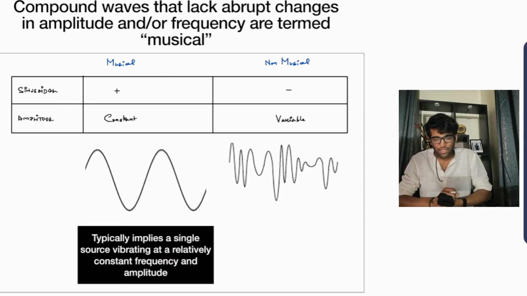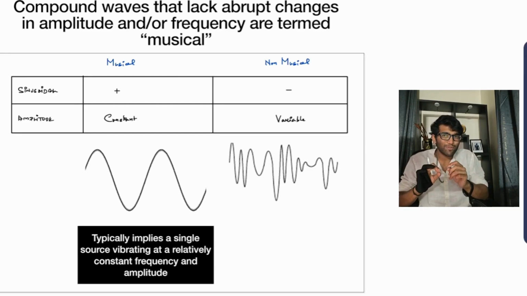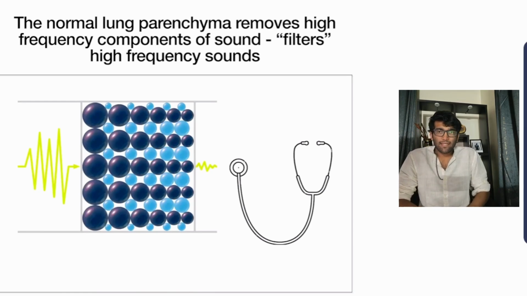Now, like I said, a musical sound is typically produced when there is a single source vibrating at a relatively constant frequency and amplitude. So the standing waves produced from that can undergo positive interference and produce harmonics. Now the thing is, sound is produced, like I said, within the lung, and then as it is passed through the alveoli, being small air spaces, spheres essentially, they tend to filter out the high frequency components of the wave.